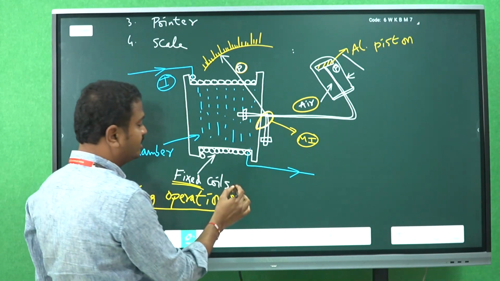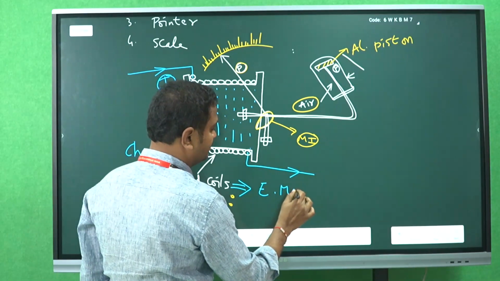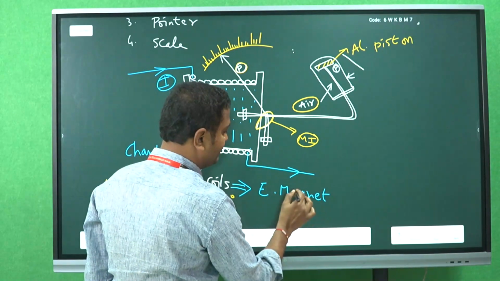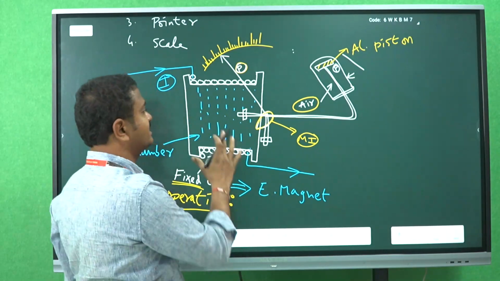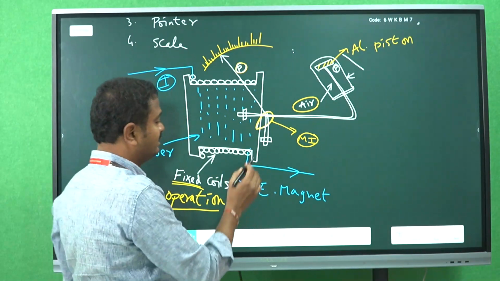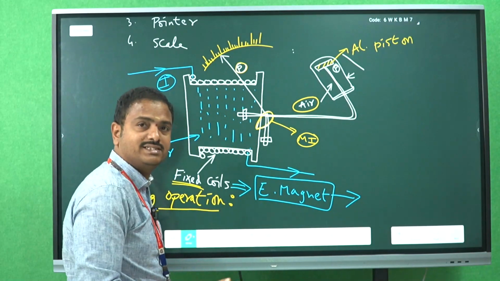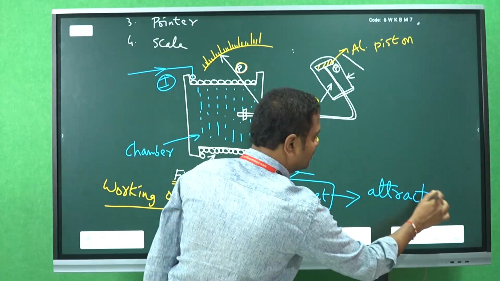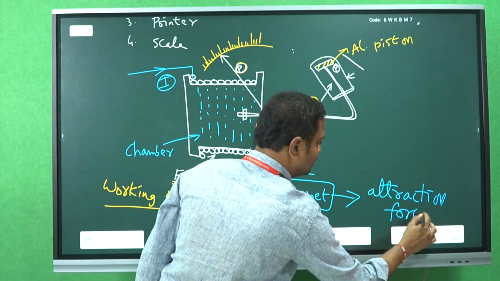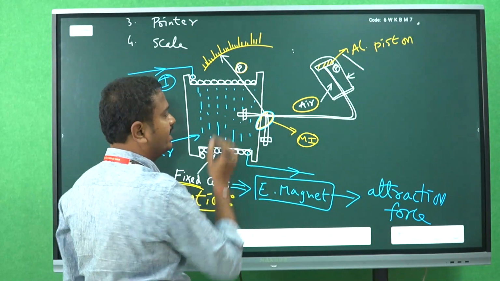Then this fixed coil becomes an electromagnet. That means magnetic properties are created inside the instrument. This electromagnet produces an attraction force on the moving iron piece.